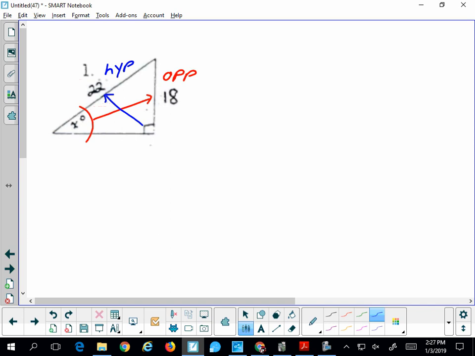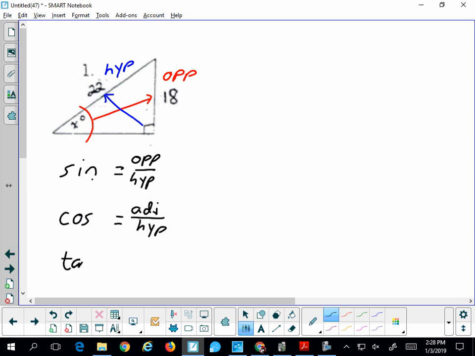So just as a reminder, our three trig functions are sine, which is equal to the opposite over the hypotenuse, cosine, which is equal to the adjacent side over the hypotenuse, and tangent, which is equal to the opposite side over the adjacent side.